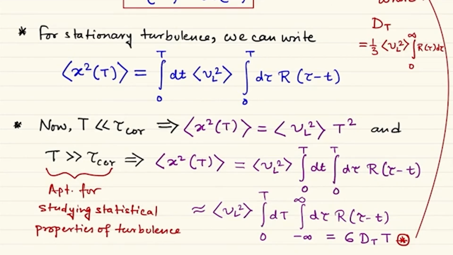Because if your time is long enough, only then will the two points be very weakly correlated, and you can simply see the effect of the turbulence in the system. Okay, so how to say that?